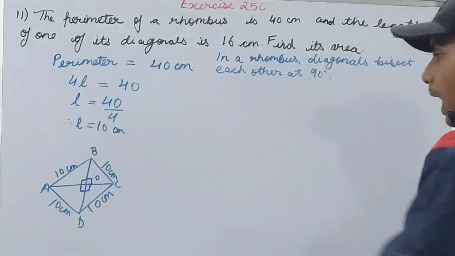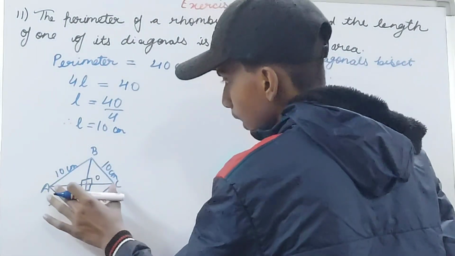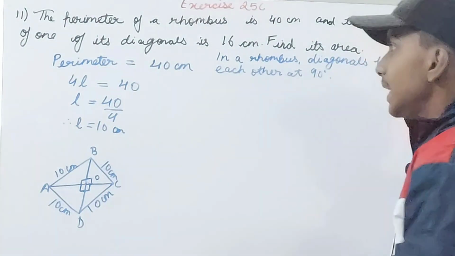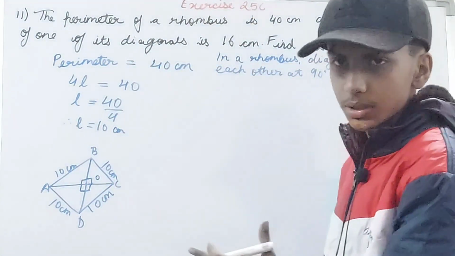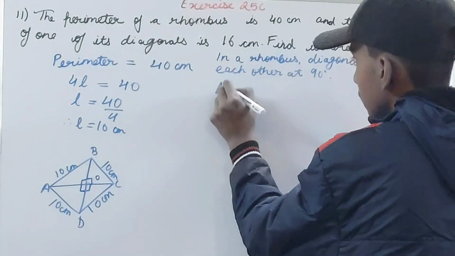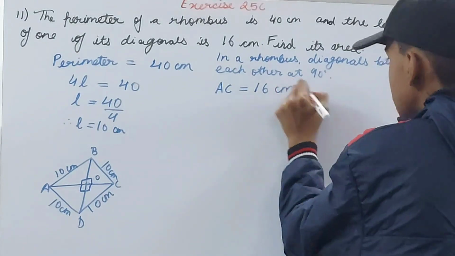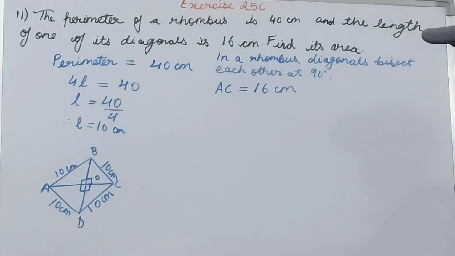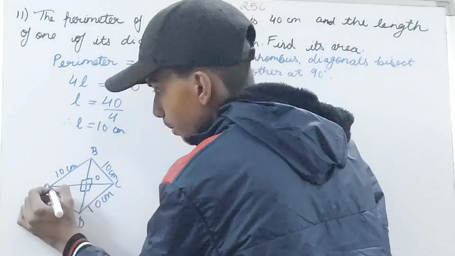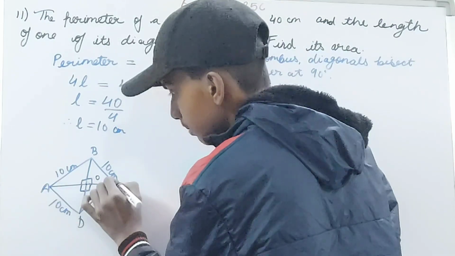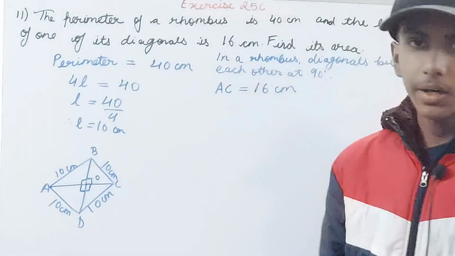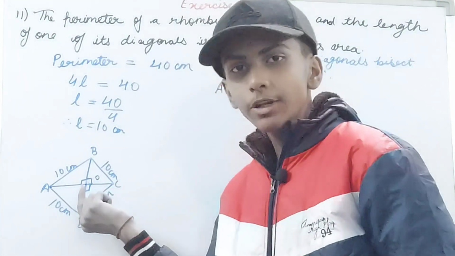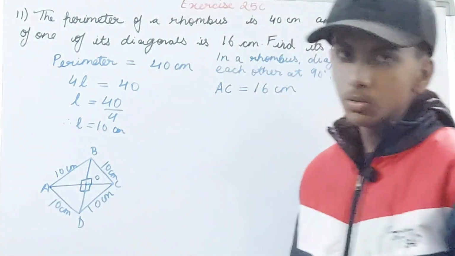Now see, let's say I know the length of AC. AC is 16 centimeters, from here till here. Now if I want to take it from A till O, how can I do that? I said just now that it is being bisected at point O. That means AO is equal to OC.